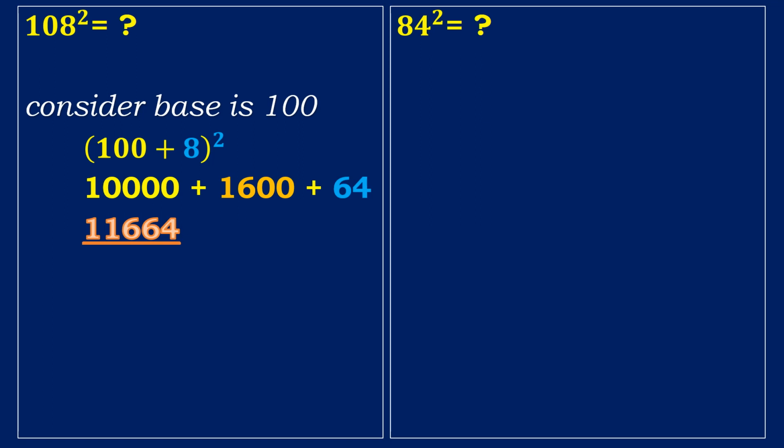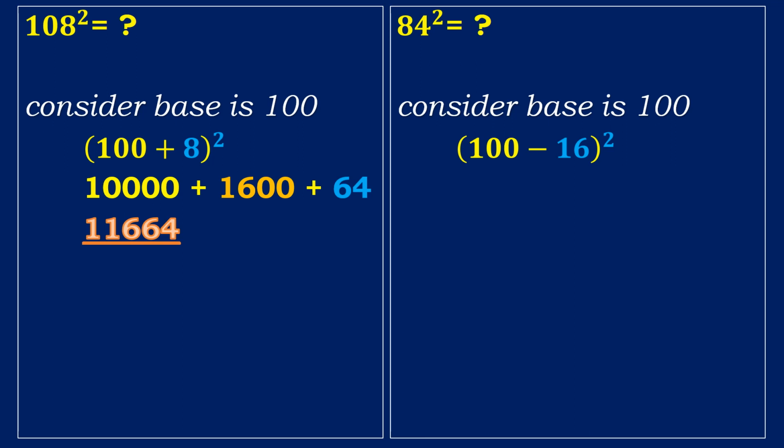Find 84 square. Let's consider the base value is 100. Split the number 84 into 100 minus 16. Then 84 square becomes 100 minus 16 whole square. A square is 100 square, which is 10,000. 2ab is 2 into 100 into 16, which is 3,200. b square is 16 square, which is 256.